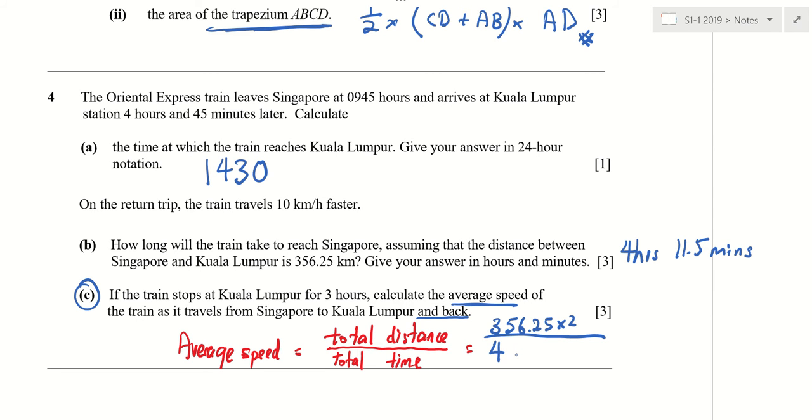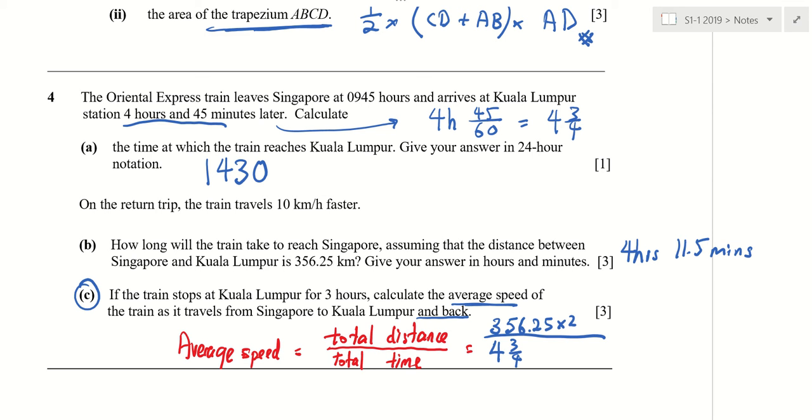So how do I convert 4 hours and 45 minutes? 4 hours and 45 over 60 hour, right? So this is 4 and 3/4.